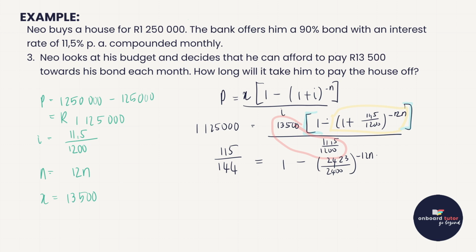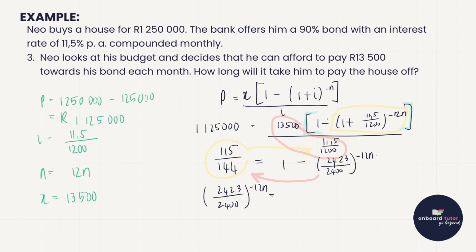This negative bracket, I'm going to move over so that it becomes a positive bracket. So it's going to be 2423 over 2400 to the power of minus 12n is equal to, and then this other side is going to become 1 minus this fraction here. Okay, so that equals 29 over 144.